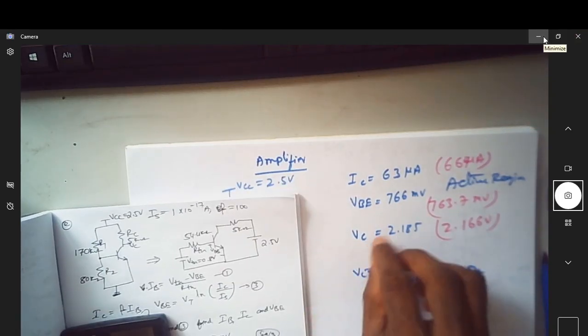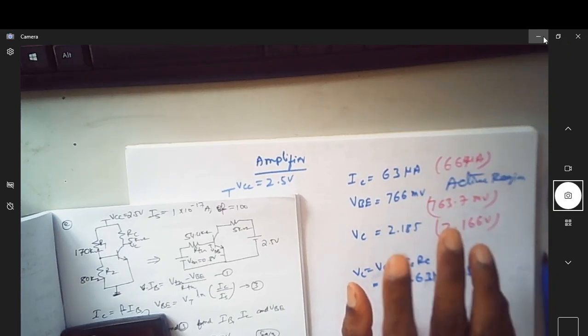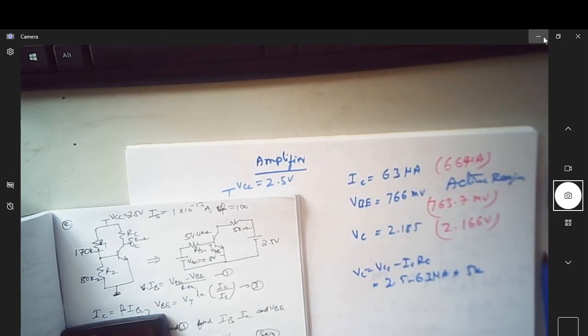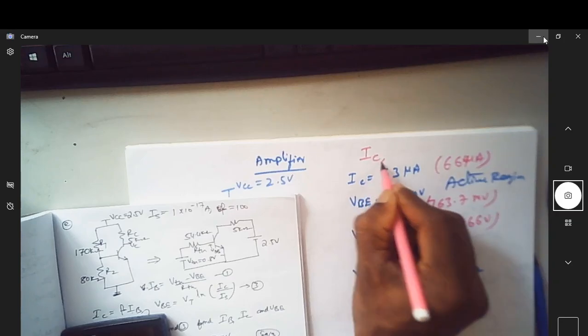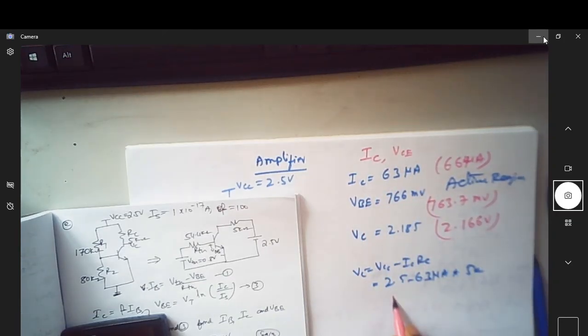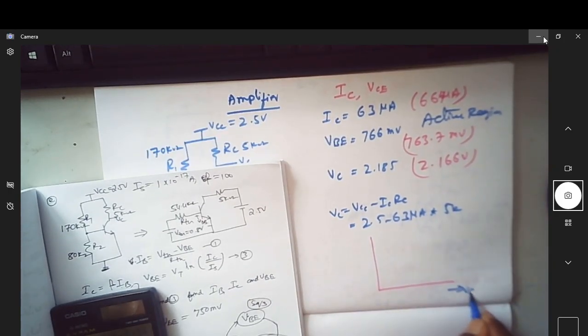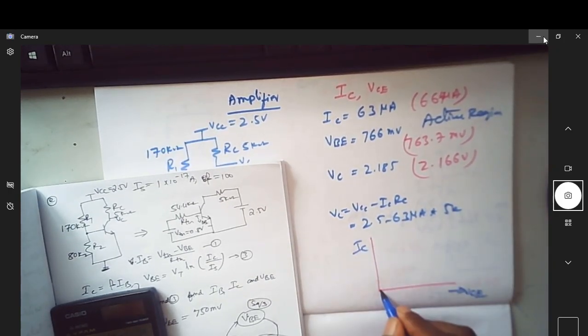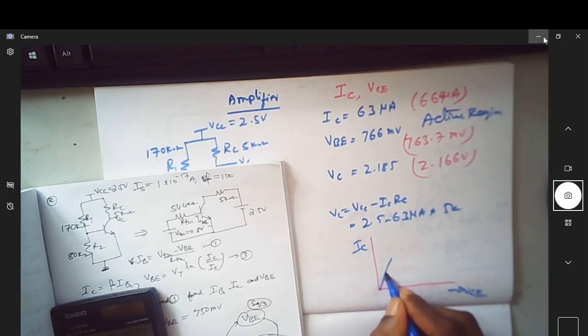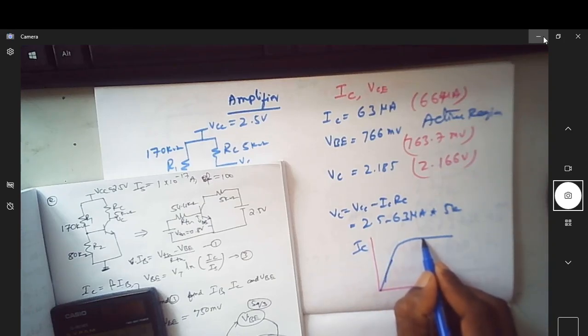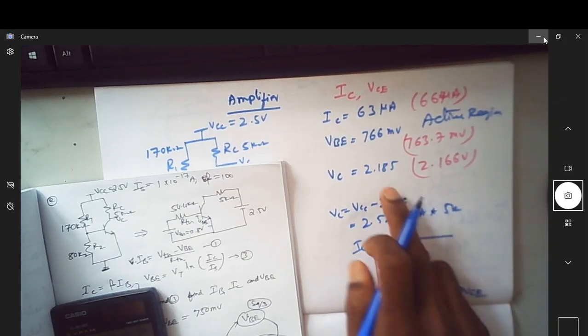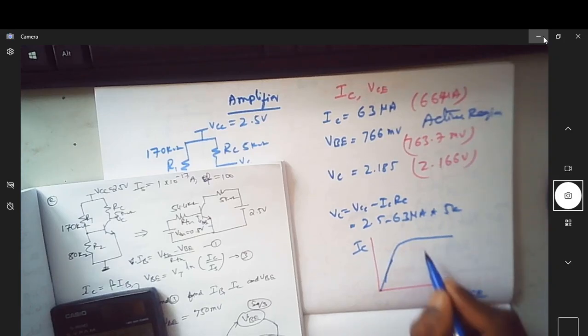These are the DC conditions of the transistor, which means the amplifier is now properly biased. When I say biased, you are fixing the Q point, which decides the IC value and VCE value. In the output characteristics of the BJT, with VCE and IC, there is a corresponding IC of 66 microampere and a corresponding VCE somewhere here.